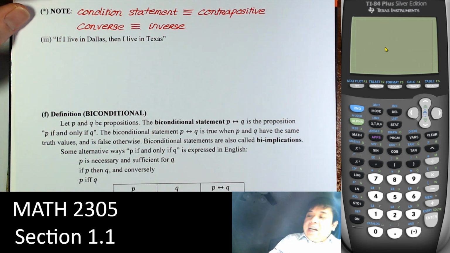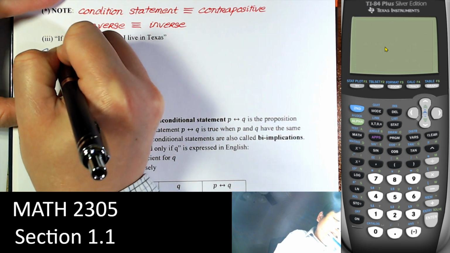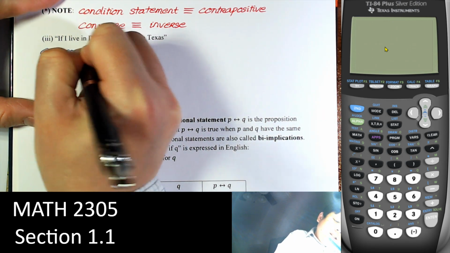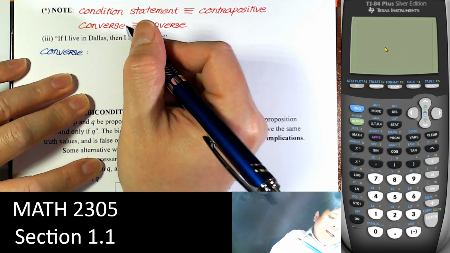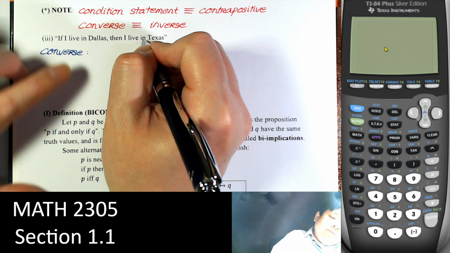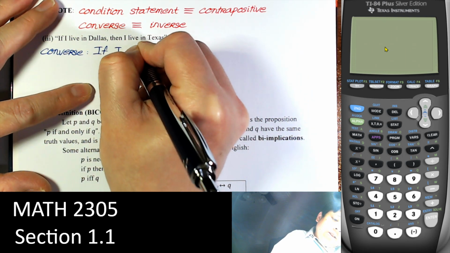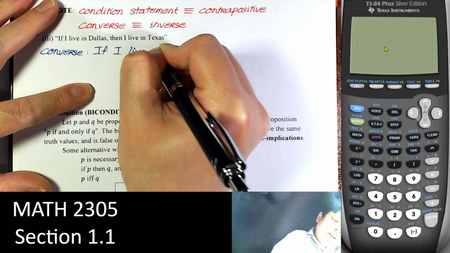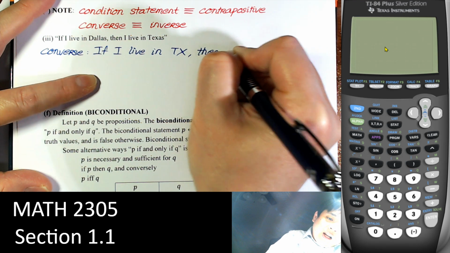Right. Now, of course, what we do here is write the converse. I'm just going to flip here. If I live in Texas, then I live in Dallas.